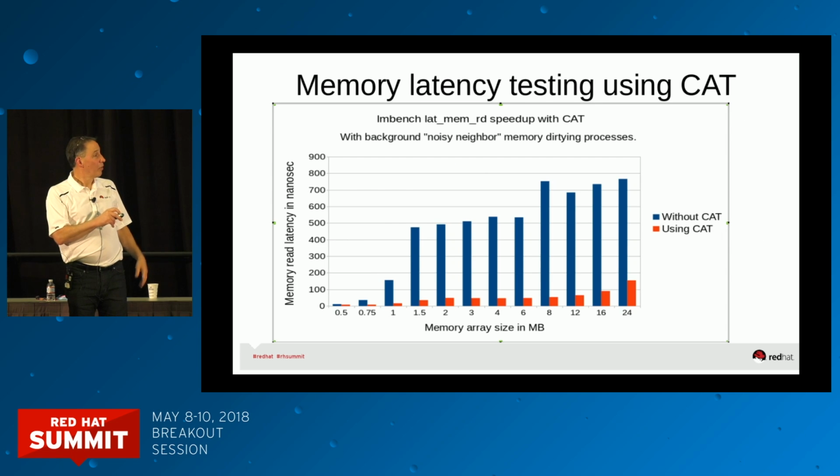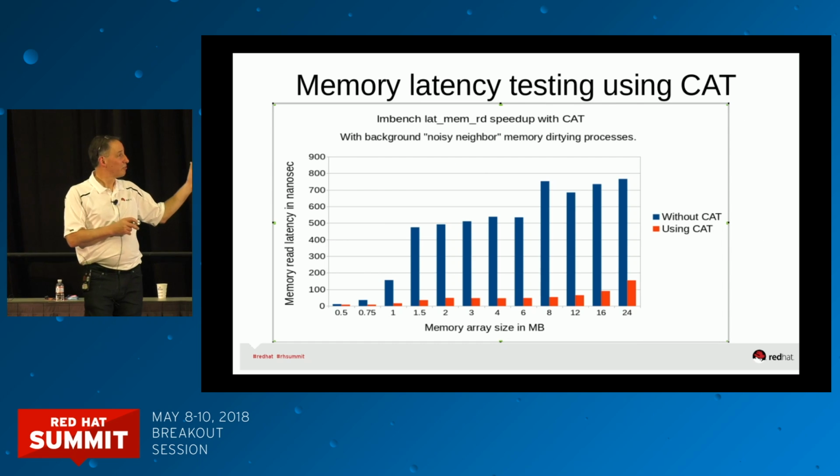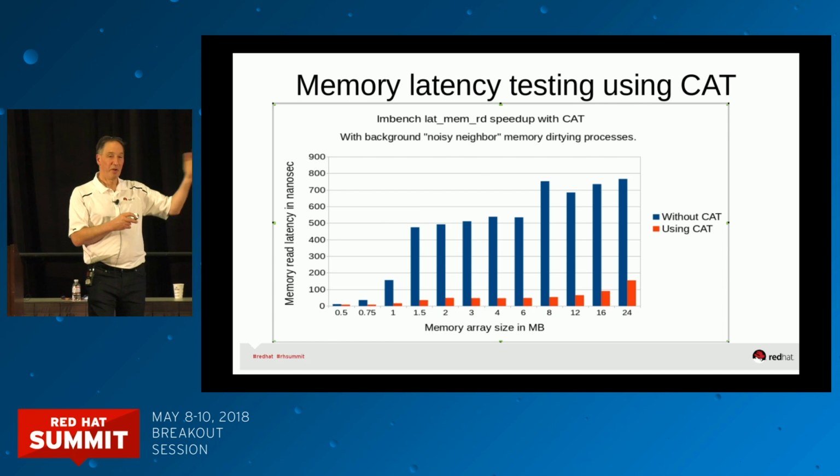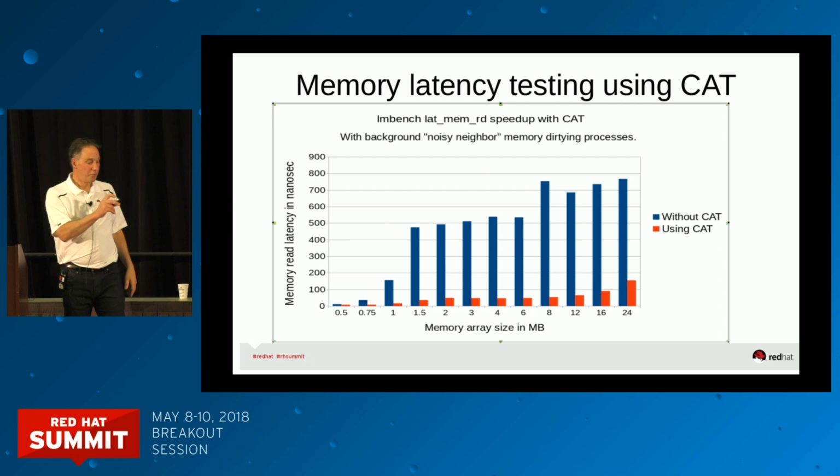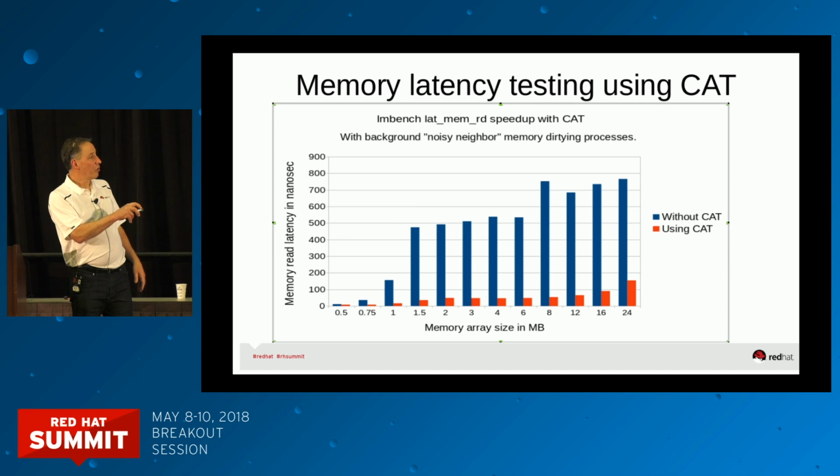And this is a textbook case of LM Bench, where it measures the speed to go out to memory. And I ran a program in the background that dirties memory. And sure enough, you can see on the left-hand side the latency in nanoseconds to go out to memory.